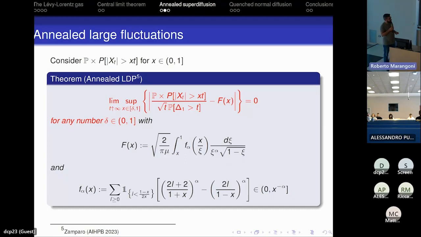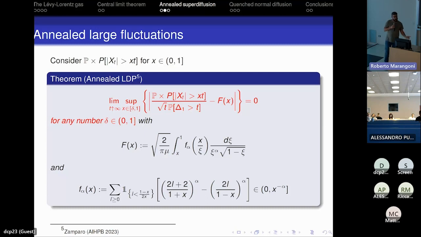Why? Basically, the process X_t accumulates interdistances between obstacles up to time t. How many? The number of obstacles that the particle is able to experience up to time t.